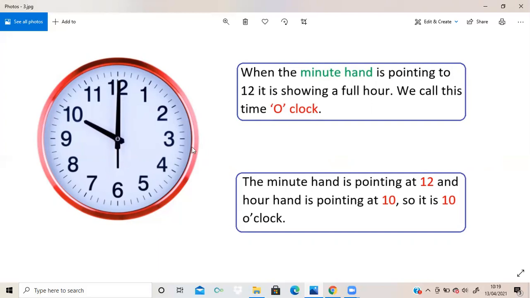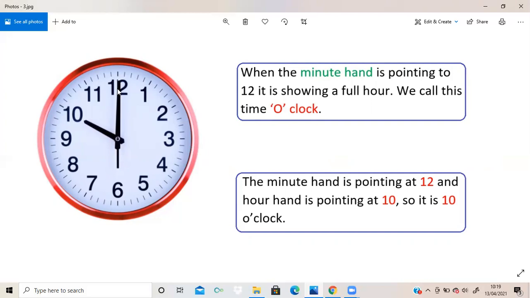When the minute hand is pointing to 12, it is showing a full hour. That means it starts from 12, does a full round and comes back to 12. That means it's showing the full hour.